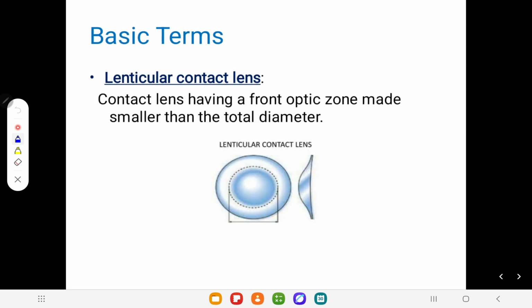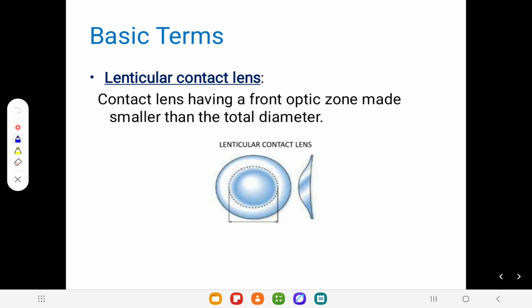So lenticular contact lens, we know it. Lenticular means lenticule: a contact lens having a front optic zone made smaller than the total diameter. The front optic zone is always smaller, but in lenticular lenses the optic zone is very small compared to other contact lenses. Other contact lenses have larger optical zones, like 80 to 90%, but a lenticular contact lens is not like that.